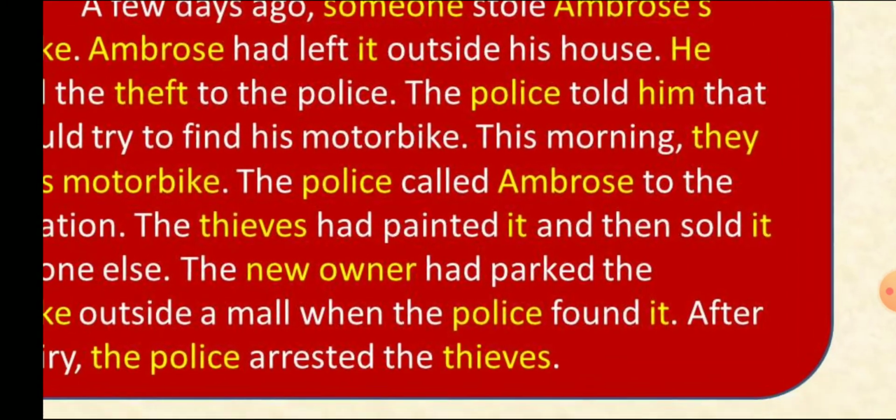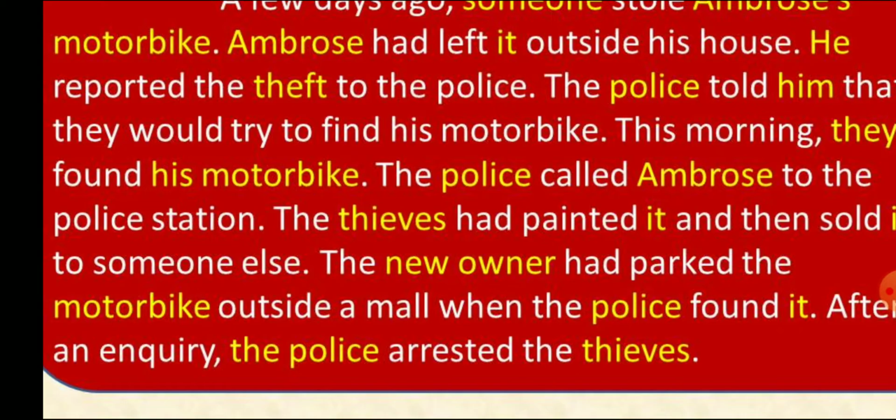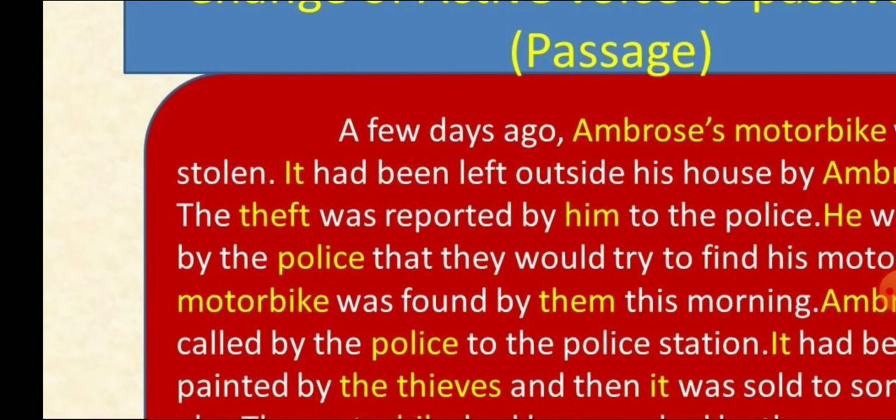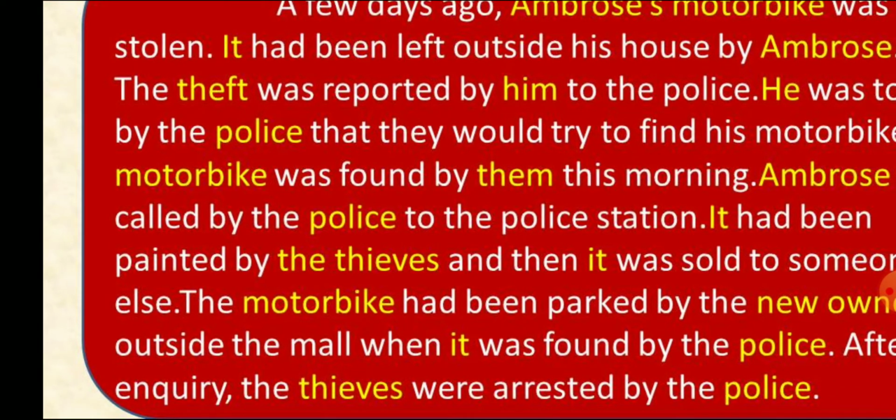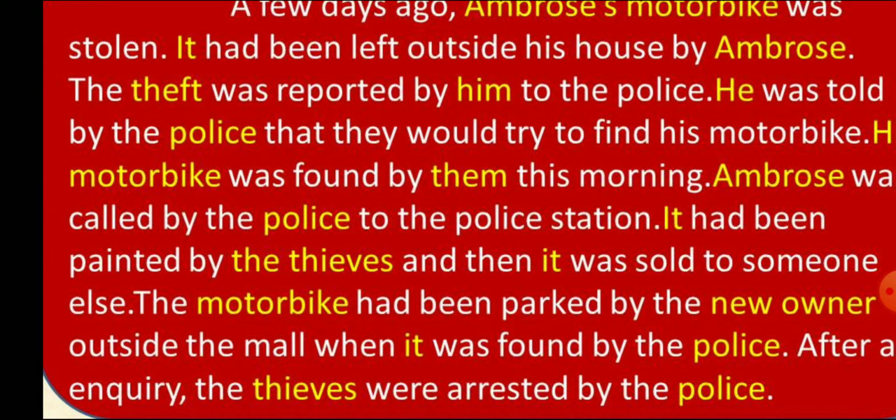So, it had been painted by the thieves and then it was sold to someone else. Then next: The new owner had parked the motorbike outside a mall when the police found it. Here the tense is past perfect, the subject is the new owner and the object is the motorbike. Interchange the subject and object, and if it is past perfect we add been before the verb. So the motorbike had been parked by the new owner outside the mall.